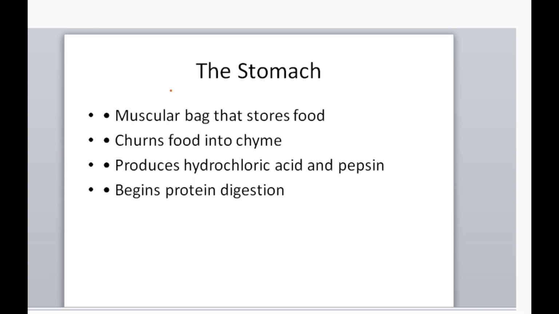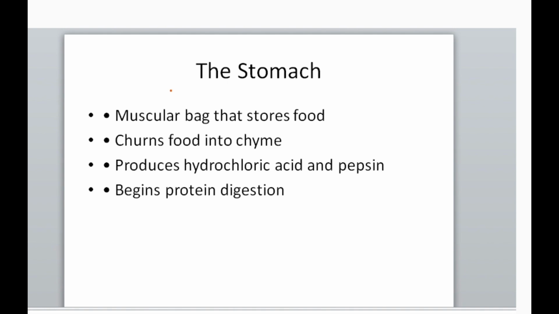In the stomach, the food is stored and also digested. Now, the stomach is the muscular bag that stores food, and the food from the esophagus enters into the stomach when the ring of the stomach opens.